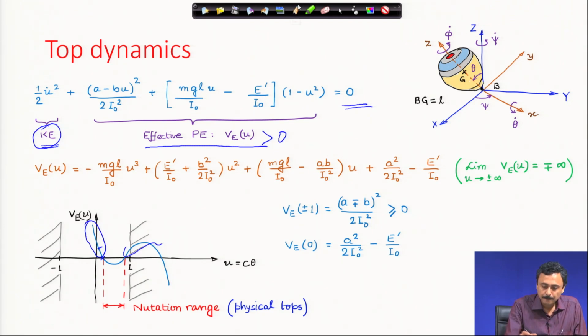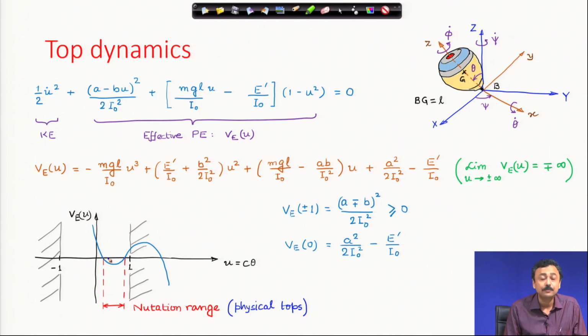Therefore, the physically valid or acceptable potential energy values lie only within this region where it is negative, and this is the same as what we found in the case of central force motion. The bounded orbits have negative energy, unbounded have positive energy, but here positive energy does not mean anything.